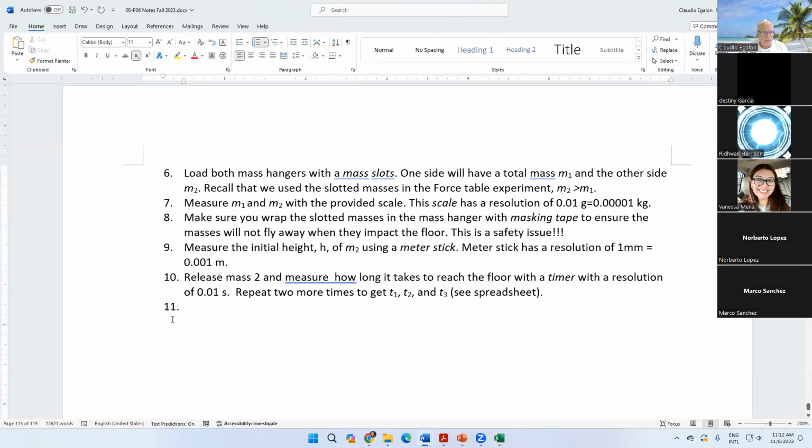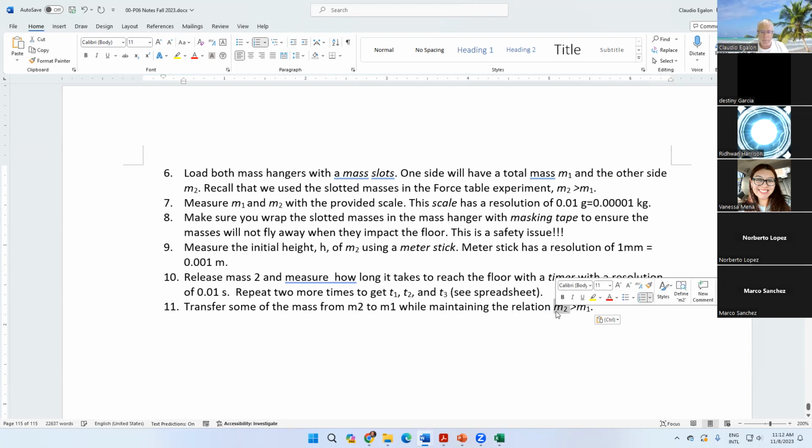Then what's next? Okay, transfer some of the mass from M2 to M1 while maintaining the relation M2 greater than M1.